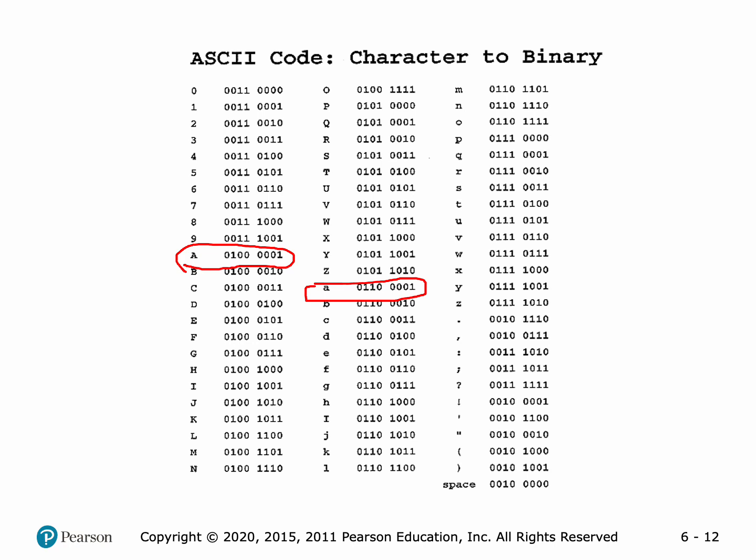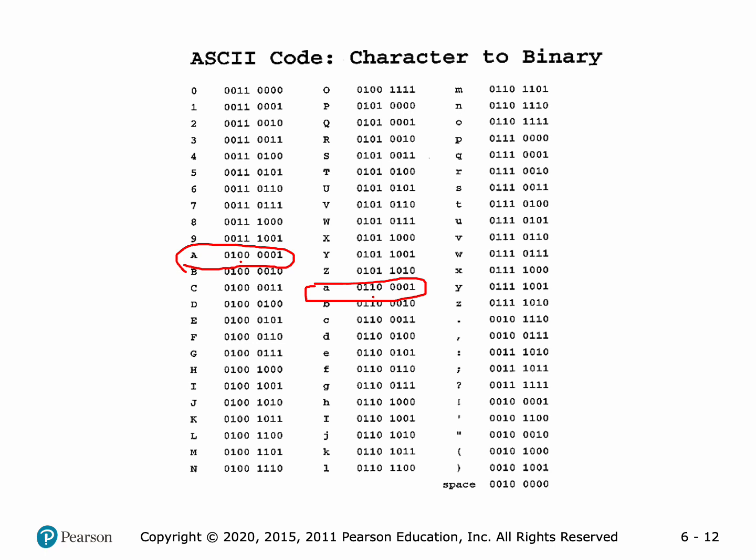So here's bit 0, both are 1. The next 3 bits are 0. So 0, 1, 2, 3, 4, 5. This is a 0 in bit 5. This is a 1 in bit 5. And that's the only difference between capital letters and lowercase letters.